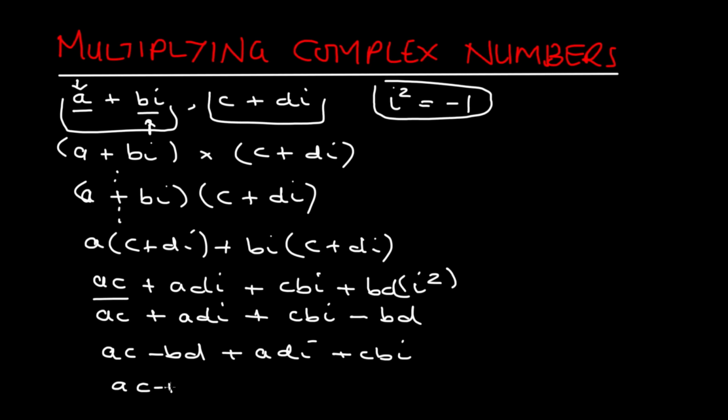I maintain this minus BD, but this I can factorize here. So I can have AD plus CB, like that. So this gives me the product of those two numbers. So like I said, if you know how to work around your i's, you will find it easier to work with complex numbers. So let's do one or two examples.